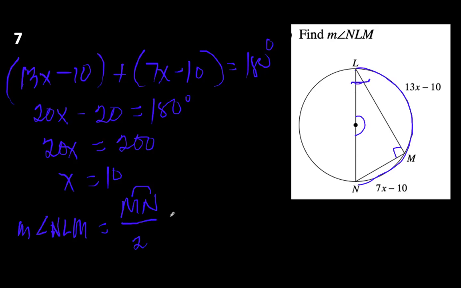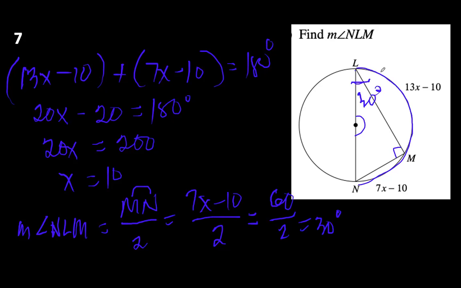So it is equal to 7x minus 10 over 2. We knew that x is equal to 10, so 7 times 10, 70 minus 10, that's 60 over 2. Therefore, it's 30 degrees. So this is 30 degrees.